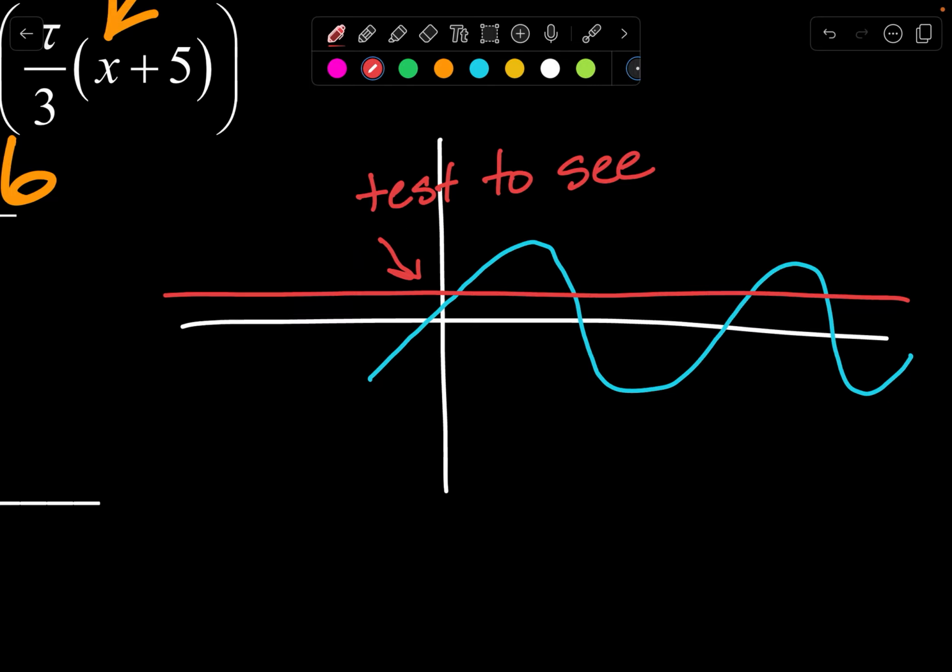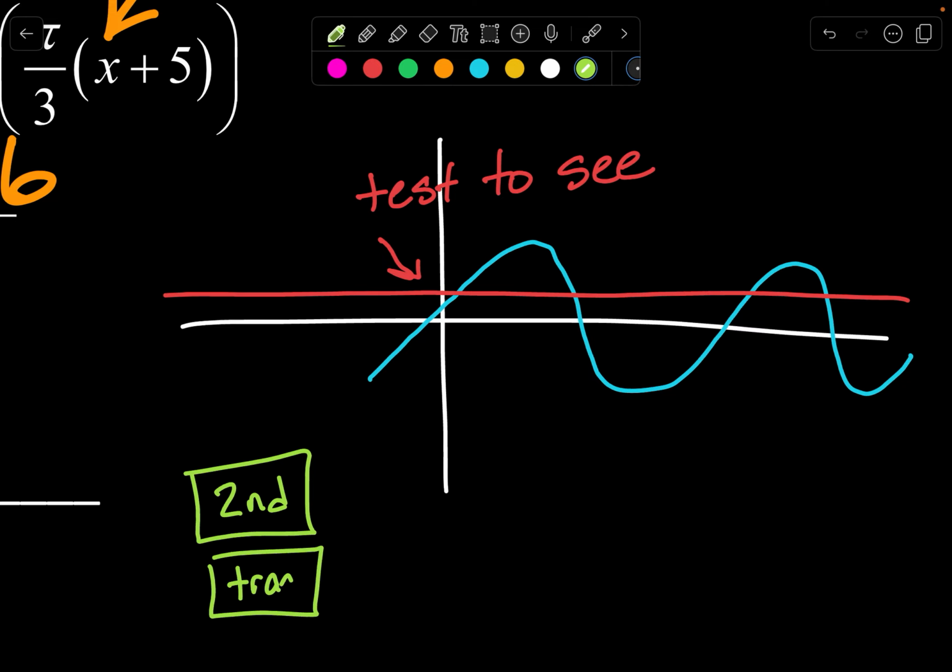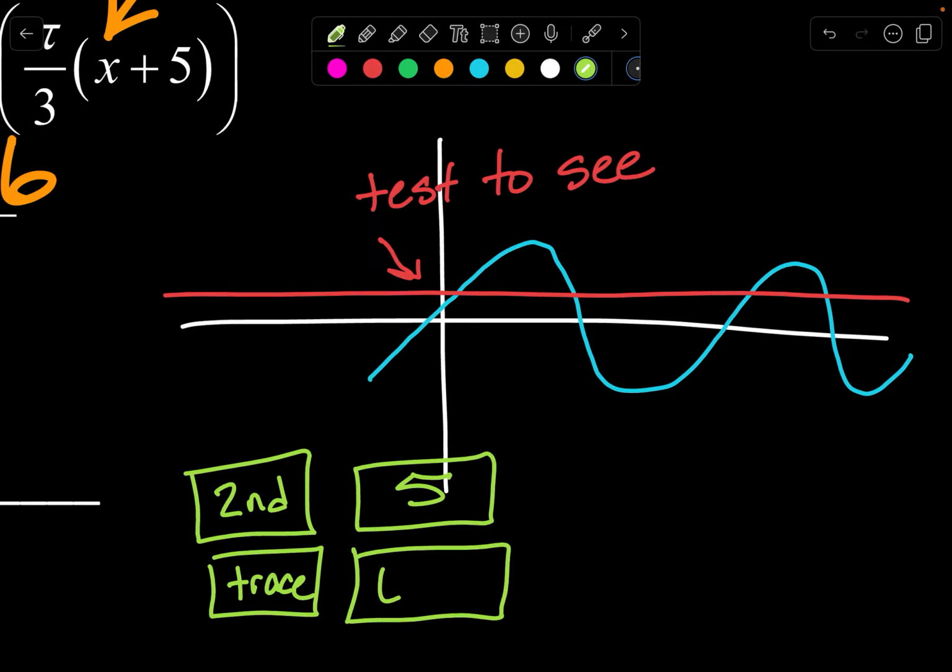Now remember, the way you do this on your calculator, you need to do second, trace, enter, times 2. And then your screen, or excuse me, I skipped a button, sorry. Second, trace, 5, enter, times 2.